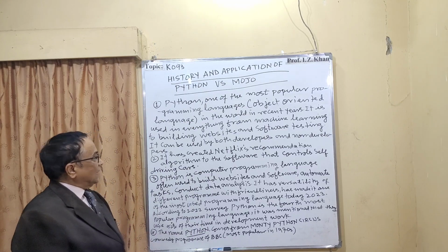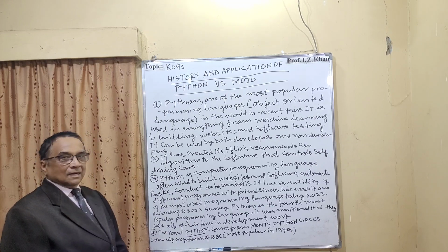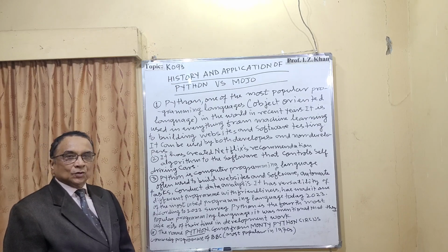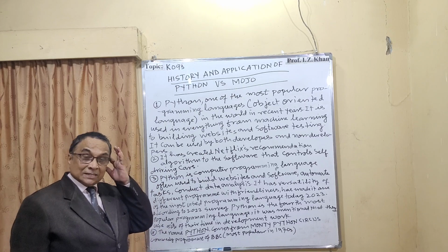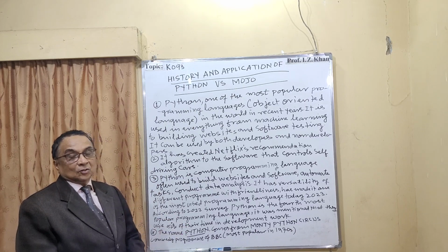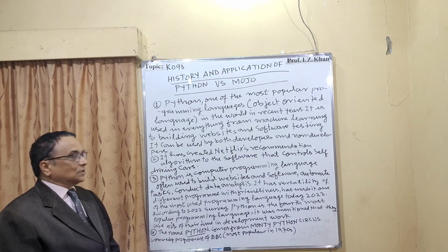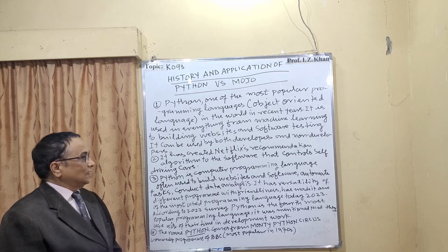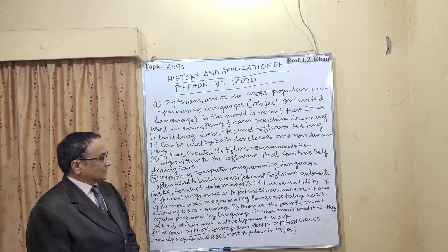Number two, it has created the Netflix recommendation algorithm and the software that controls self-driving, because it has a lot of application in automation, in the automobile industry also. And number three, Python is a computer programming language often used to build websites, software, automate tasks, and conduct data analysis.